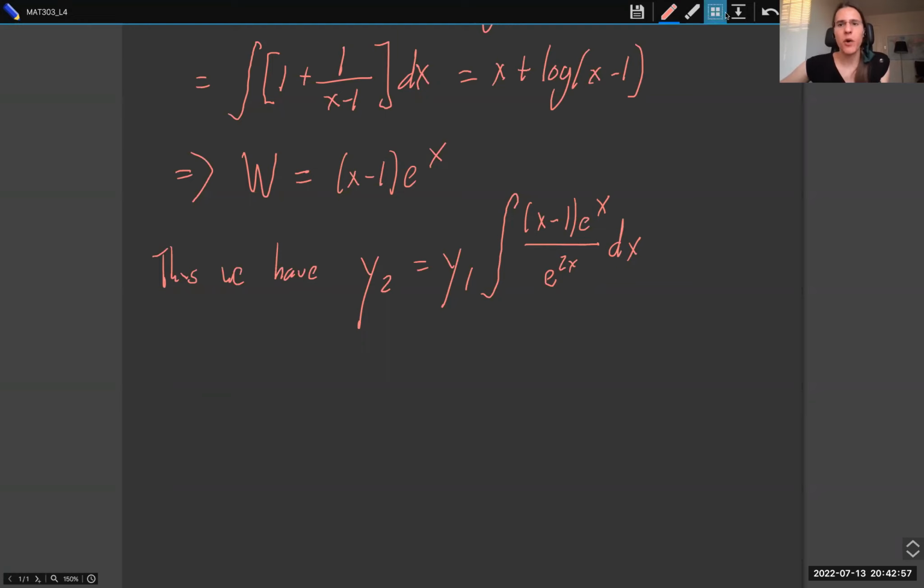And y1 is e to the x. So we'll have an e to the x floating around this entire calculation.